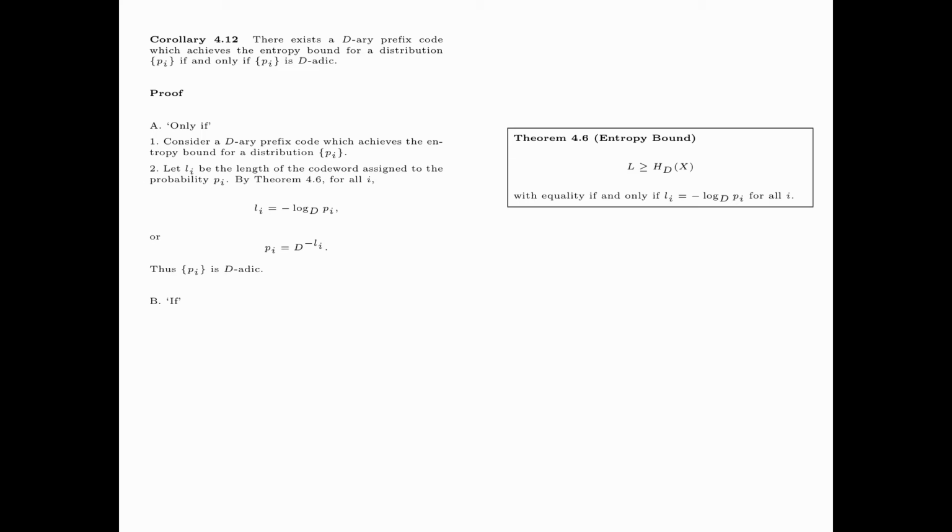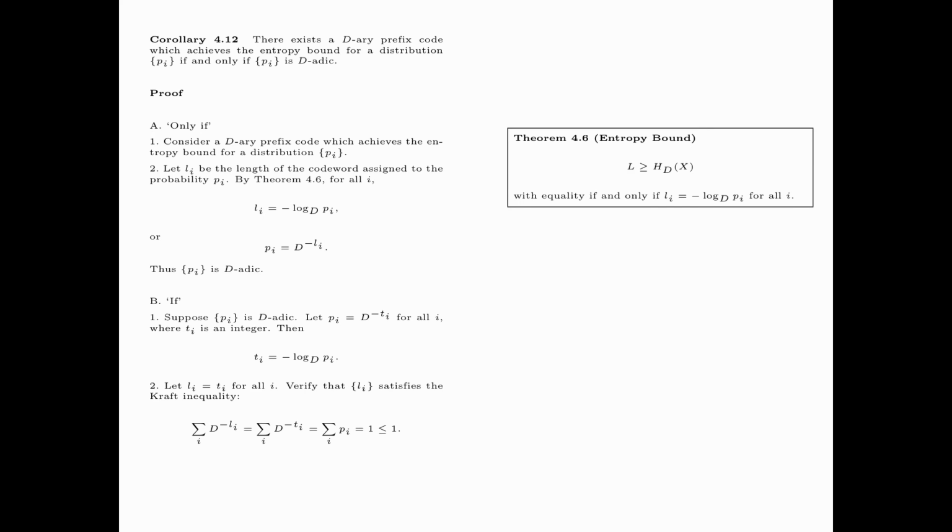The if part goes as follows. Suppose p_i is d-adic. Let p_i equal d to the power minus t_i for all i, where t_i is a positive integer. Then t_i is equal to minus log base d of p_i. Let Li equal t_i for all i. We now verify that Li, defined as such, satisfies the Kraft inequality.